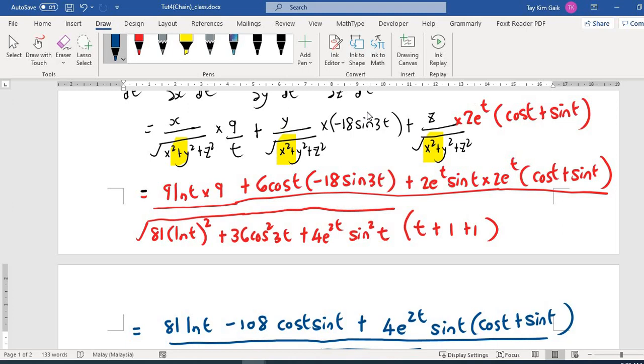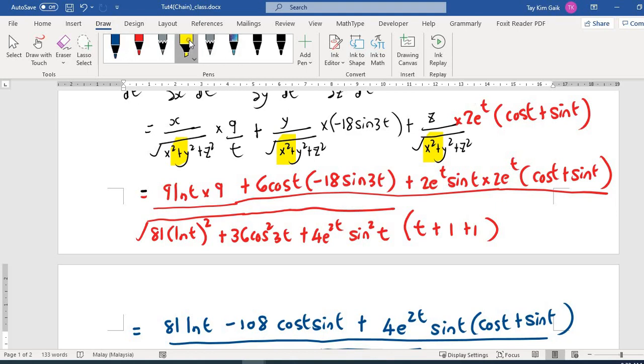In the first term you have 9x divided by t multiply this square root term. The second term is negative 18y sin 3t divided by the same square root. The third term is 2 exponent t multiply z, bracket sin t cos t, divided by the same square root.